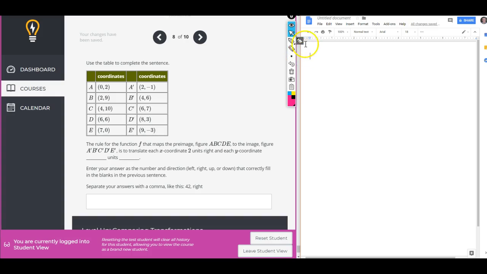Okay, so now we're comparing the y-coordinates. So I'm going to compare 2 and ask myself, how did it go to -1, 9 to 6, 10 to 7, 6 to 3, and 0 to -3.